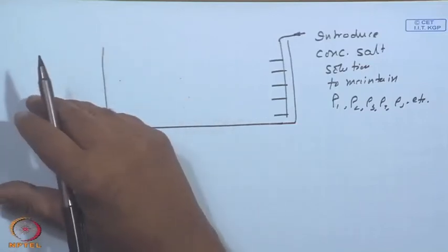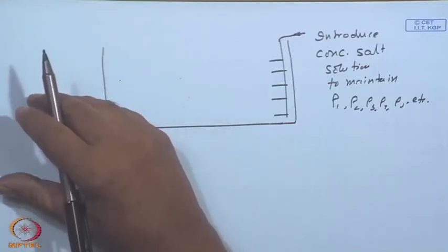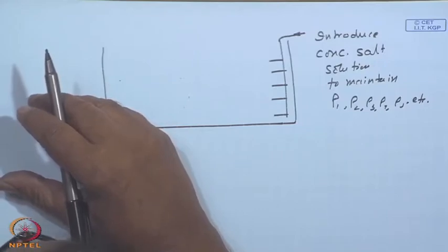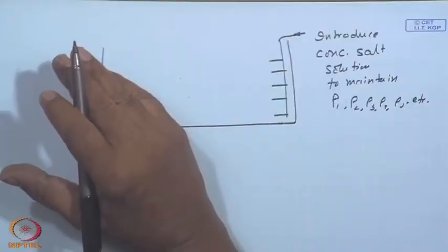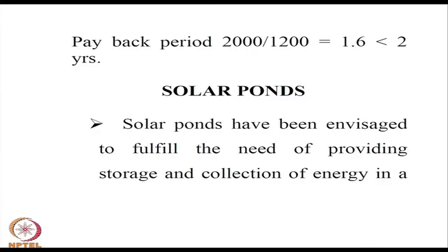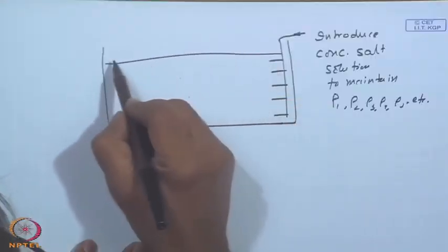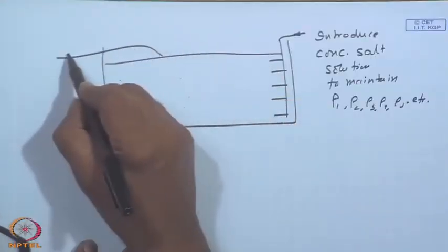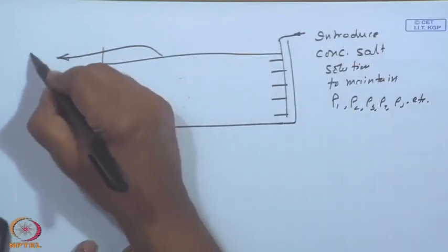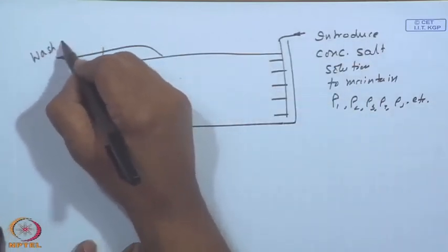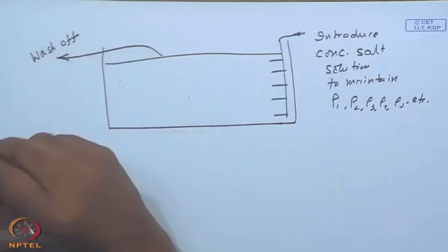So, you will add the salt, the required salt concentrated solution of the required quantity to maintain rho 1 to rho 5 as rho 1 to rho 5. And topmost thing which has become more salt ridden, wash off with fresh water. Okay?